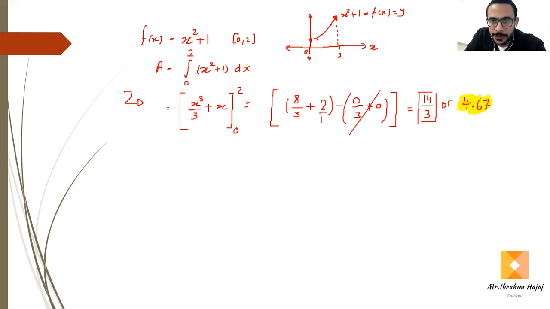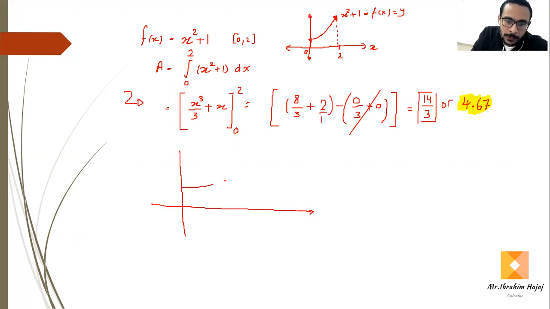So let's start first by dividing this area between 0 and 2 into 4 rectangles. Imagine that we have this figure again. I'll draw a big one. Here is the curve, here is the y-axis, and here is the x-axis, and this curve is x squared plus 1, for example, and here is 0 to 2.